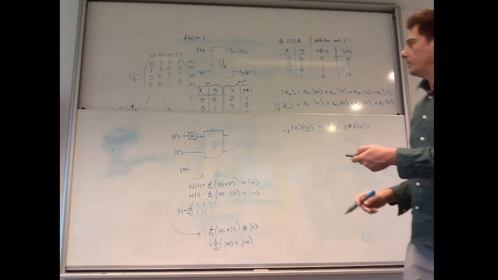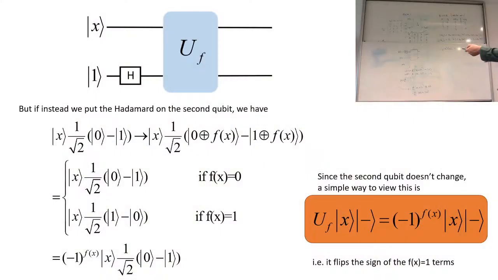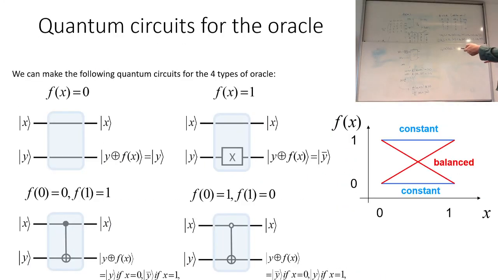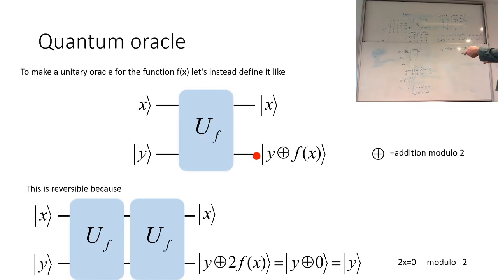I've just written down the same thing as over here. So this is the first qubit, second qubit. That's the first qubit, and the second qubit is y plus f of x.